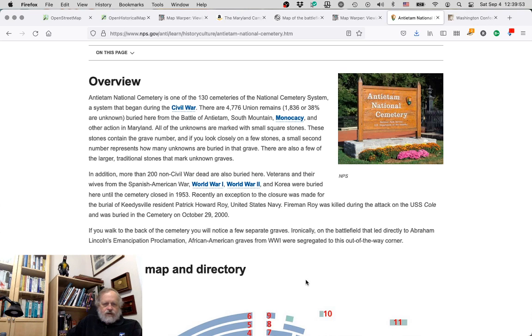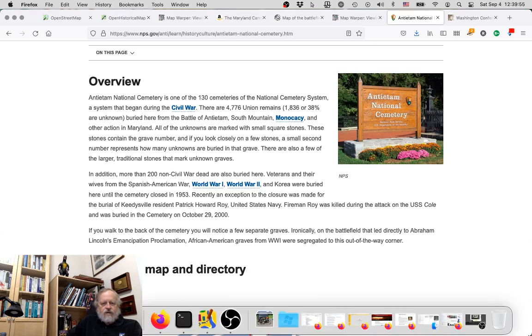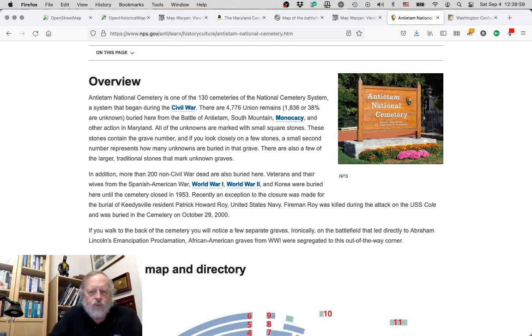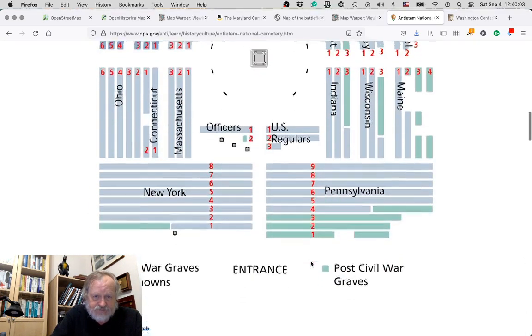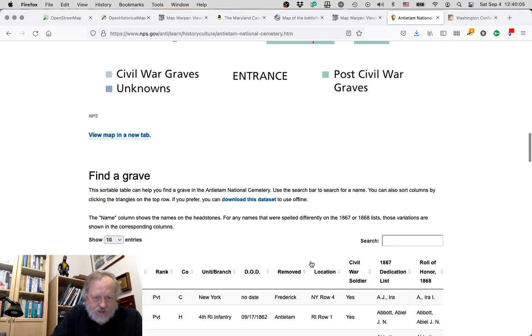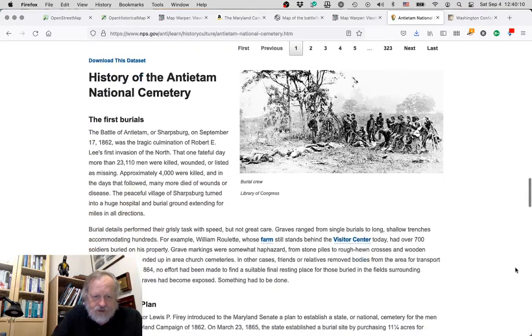There's a tell here, an important tell. These are Union burials. There were not any known Confederate dead buried here.